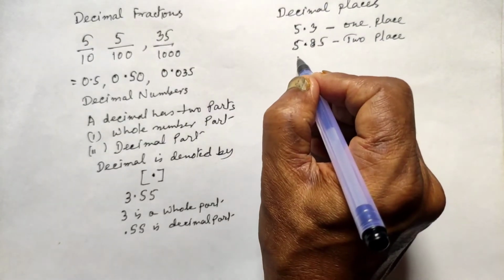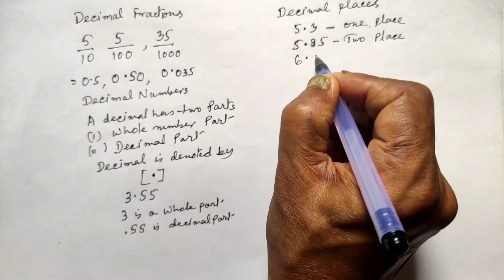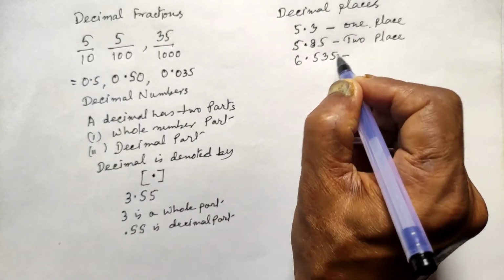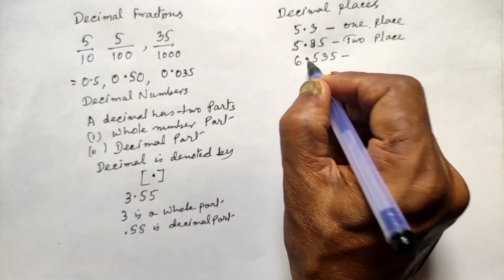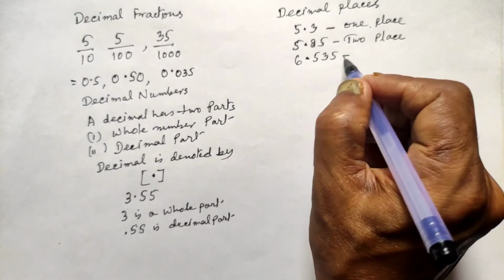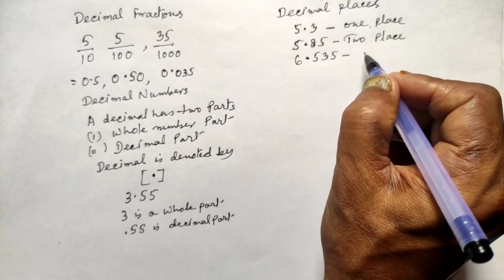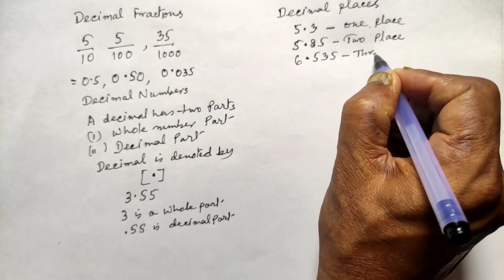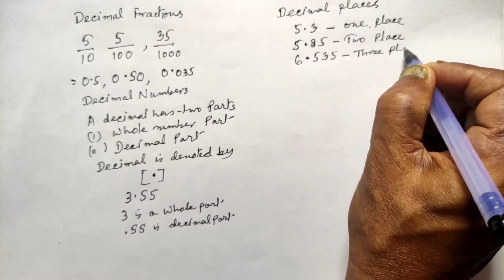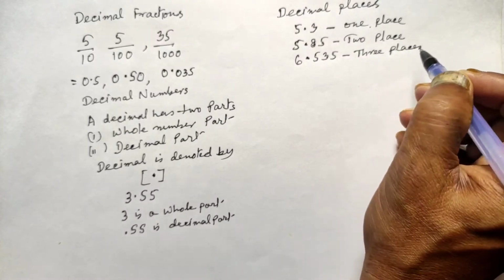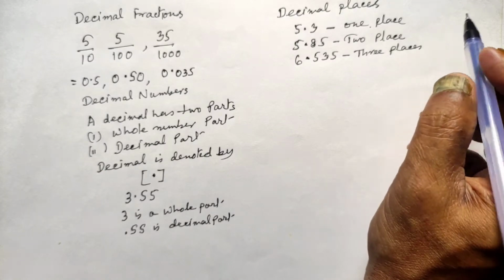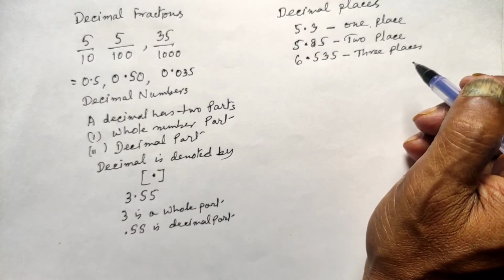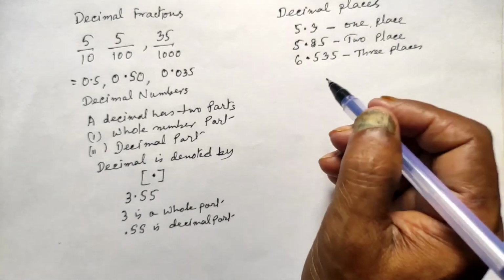Then again 6.535: how many after the decimal? 1, 2, 3. That means 3 digits are on the right hand side, so it is 3 places. Likewise you can carry on increasing, but generally 3 places is good enough for our school mathematics.